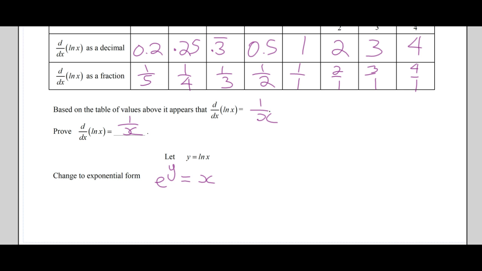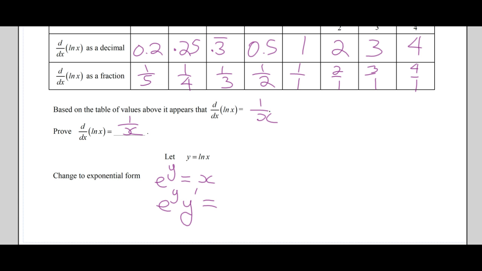Okay, anyway, so we changed to exponential form, and then what we're going to do is take the derivative, right? So what's the derivative of e to the y? e to the y times y prime, right?